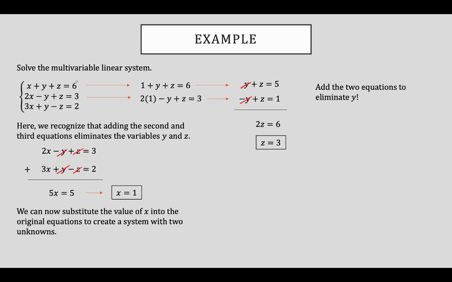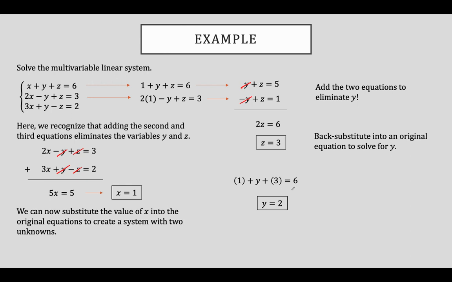And in this case, I think that this first equation here, x plus y plus z, is going to be the easiest equation to back substitute into. So that leaves us with 1 plus y plus 3 is equal to 6. 1 plus 3 is 4. If I subtract 4 from both sides of the equation, we are left with y equals 2.